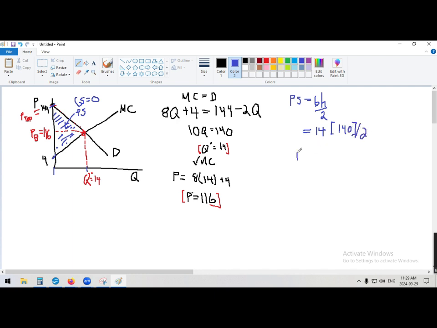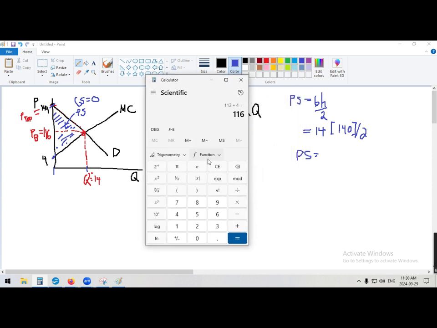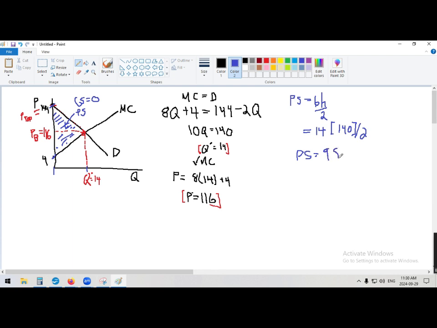And then divided by 2. So let's see the producer surplus. 14 times 140 divided by 2 is 980. So that's going to be this area here.